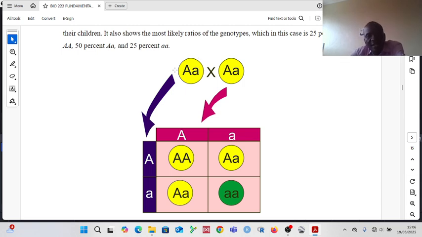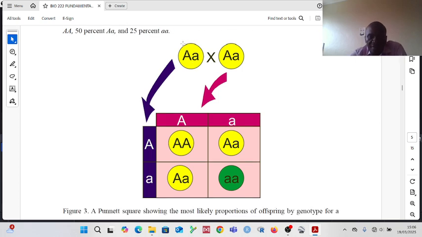Because this is the male, possibly, and this is the female who are mating, we'll take these alleles and put them on one side of the Punnett square, then take these alleles and put them on the other side. Because it's a cross, it's like we are multiplying. Where the dominant alleles meet, they create a homozygous dominant.